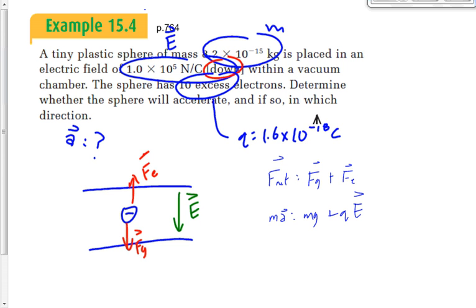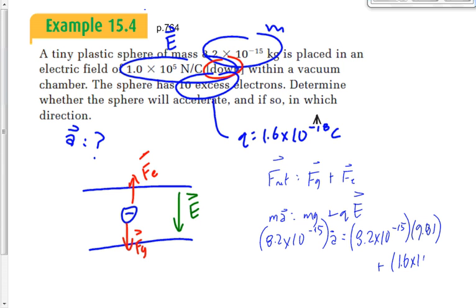We get the mass here is 8.2 times 10 to the minus 15. We're solving for a, so we don't have to put in a negative or a positive for that one. g is 9.81 plus, what's the charge here? 1.6 times 10 to the minus 18 times E is 1 times 10 to the 5.